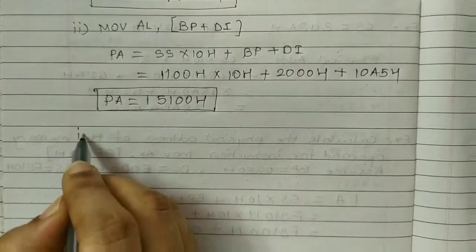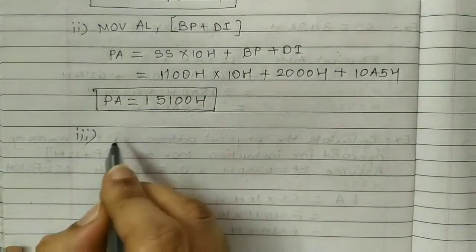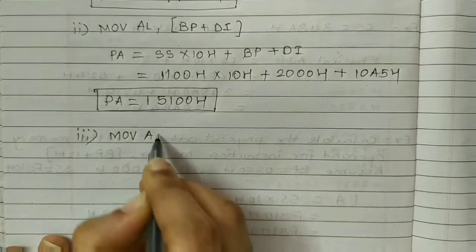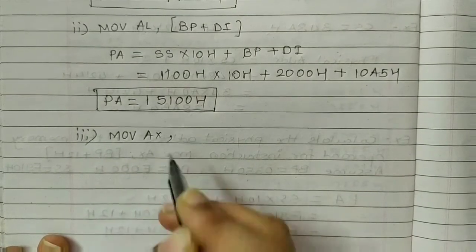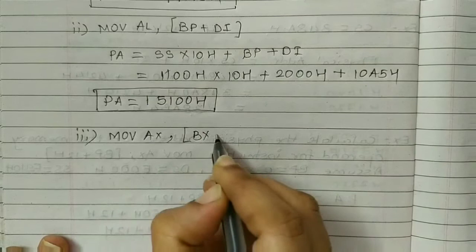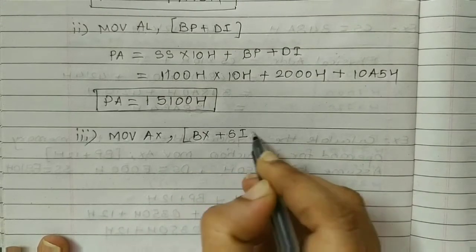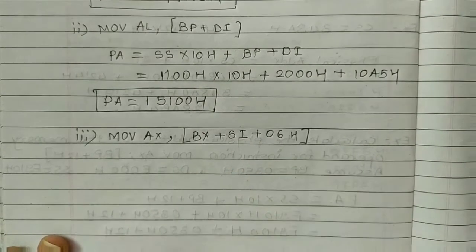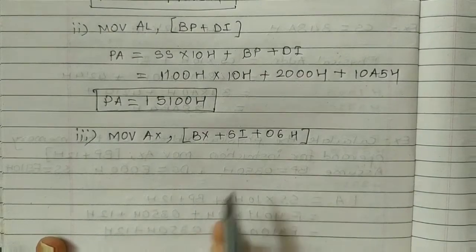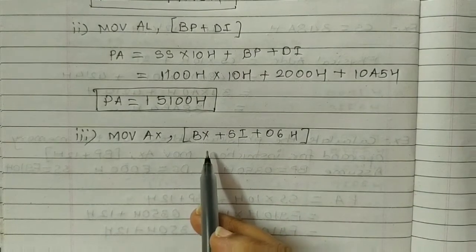What is our third instruction? Third instruction is MOV AX, [BX plus SI plus 06H]. For this BX register, the default segment register is DS.